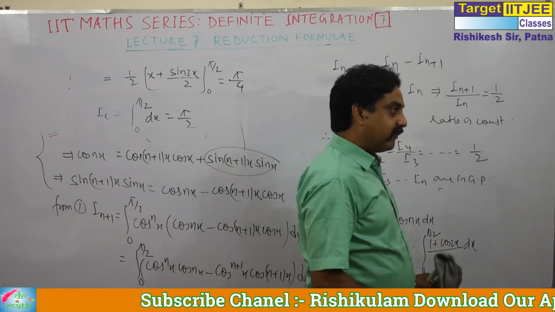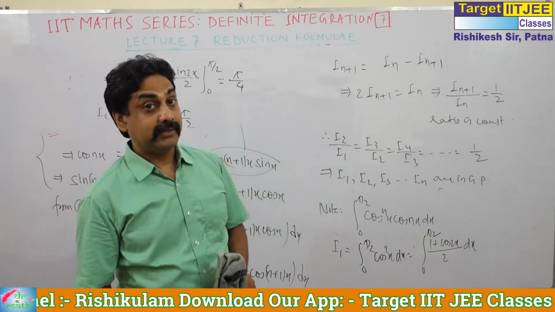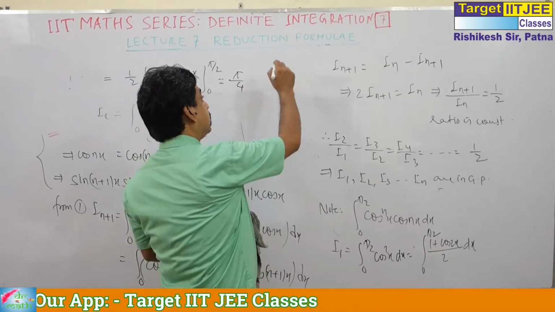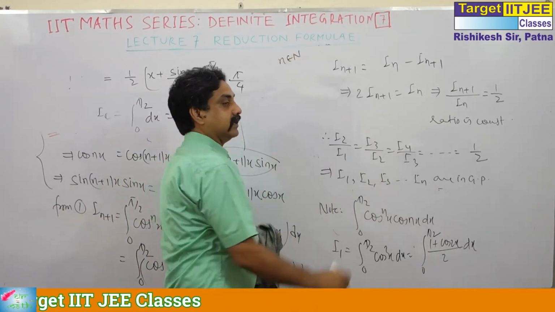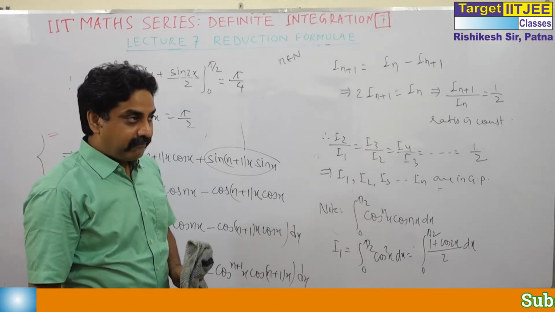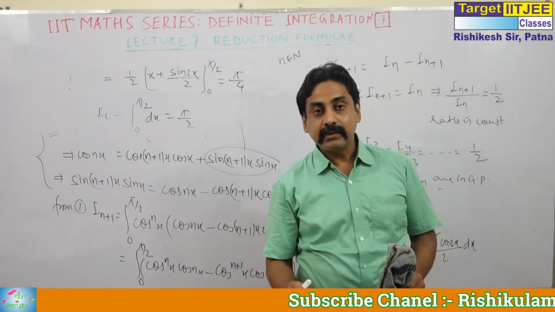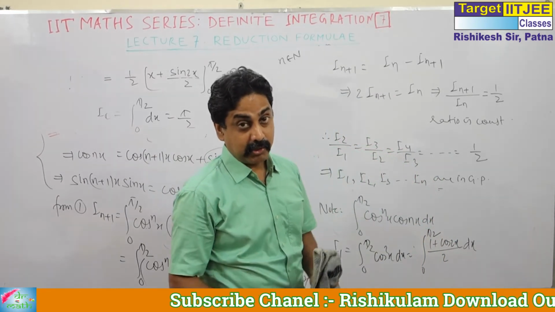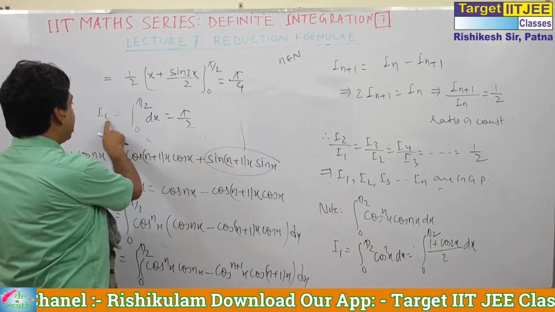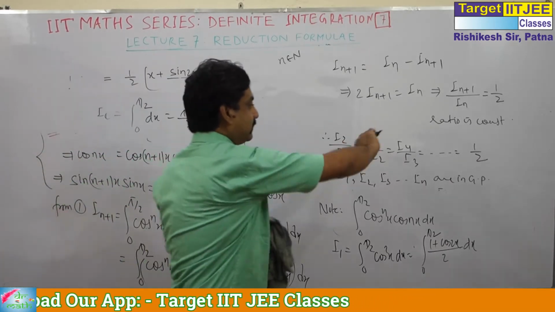Sometimes it is confusing whether we can find I1 or I0. We have to concentrate on I1 or I0. In certain cases, I0 does not exist, since in all questions it is written that n is a natural number, a positive integer. If you know I0 in this question, then it's well and good. But if you are not sure, calculate I1 and I0 both, and see whether I0 follows this pattern.